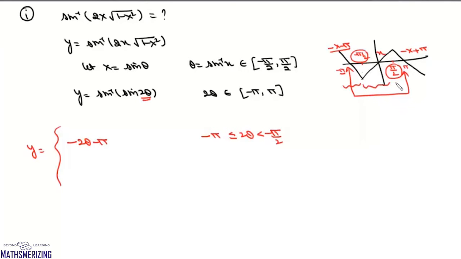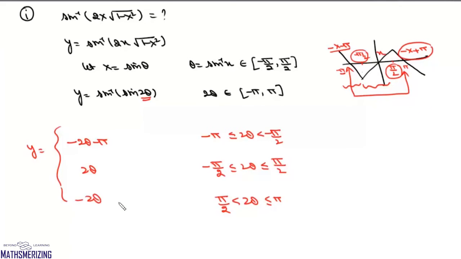Now in the second interval, which is the principal value range for sine inverse, when 2 theta lies between minus pi by 2 and plus pi by 2, it is simply x. So we can cancel sine inverse with sine. We'll get 2 theta. And this third interval, when 2 theta is greater than pi by 2 but less than or equal to pi, here the definition is pi minus x. So it will be minus 2 theta plus pi.